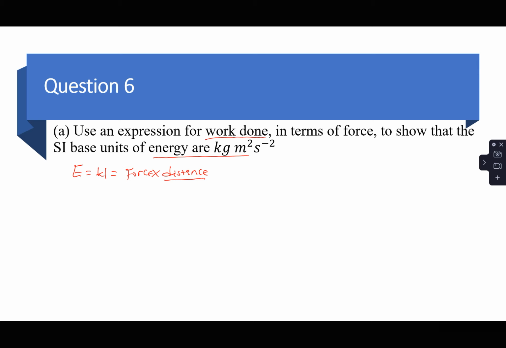Maybe you can call it the displacement. The base units of distance are going to be meters. Force is equal to mass times acceleration. The base units of force will be those of mass, which are kilogram, and the base units of acceleration will be meters per second squared. And when we combine, it means the base units of energy will be those of force, which are kilogram meters per second squared, times the base units of distance, which are meters, and this simplifies to kilogram meters squared per second squared.